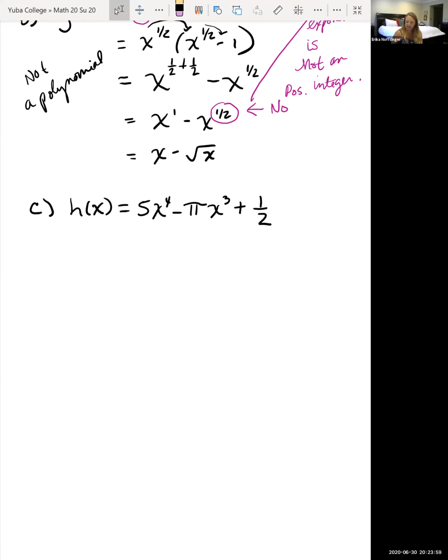So we're seeing if it holds true. Our variables, are they raised to positive integers? So the fourth power, that's positive. Third power, that's positive. And they're both integers, so we're good there.